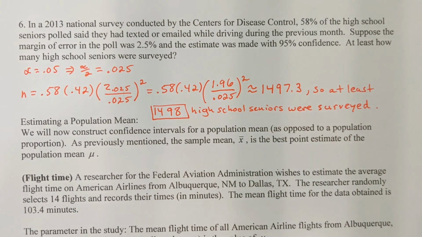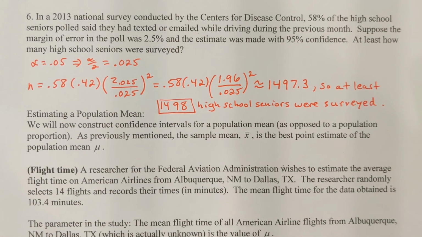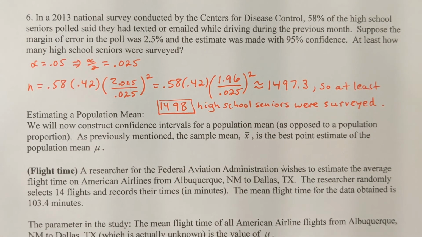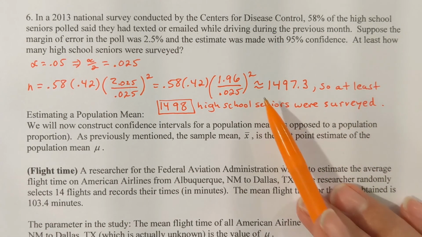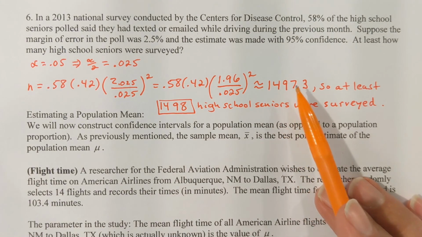So that number is going to go in the numerator, and then we can go to the calculator and type this in. 1.96 divided by 0.025 squared times 0.58 times 0.42 is roughly 1,497.3.